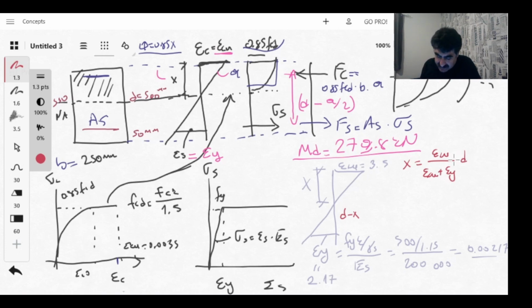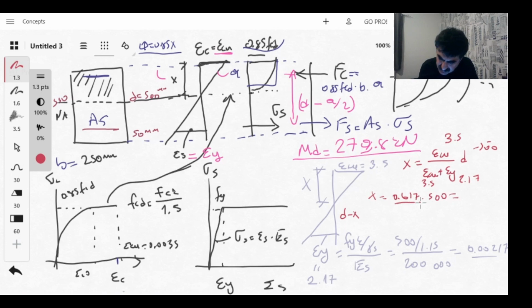If you put epsilon cu as 3.5 and this one as 2.17, and d is 500, then x can be calculated as 0.617 multiplied by 500, by d.